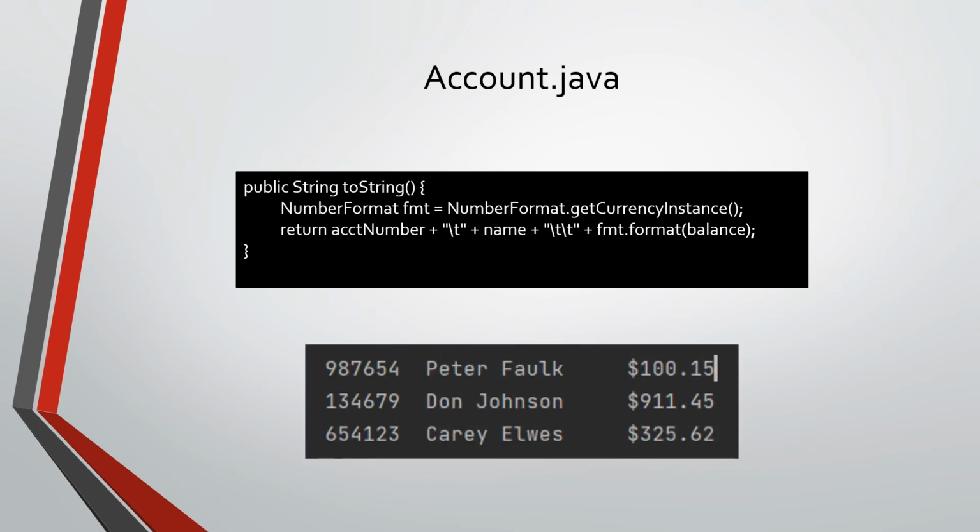This will display the account number, account owner name, and then the balance. This method will be called in a new object that we will create an account in the Transactions.java file. And that's the Account.java file.